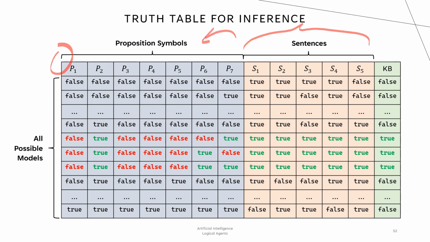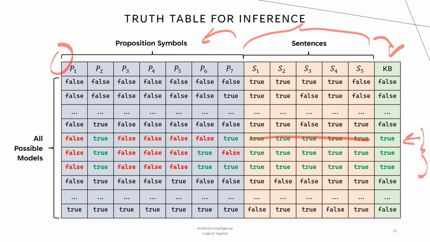Each of these sentences is going to be a part of KB, so all of those sentences must be true for KB to be true. Then we would harvest or store these three models where KB is true, and then we'd check to see if alpha is true in all of these. If so, then KB entails alpha.